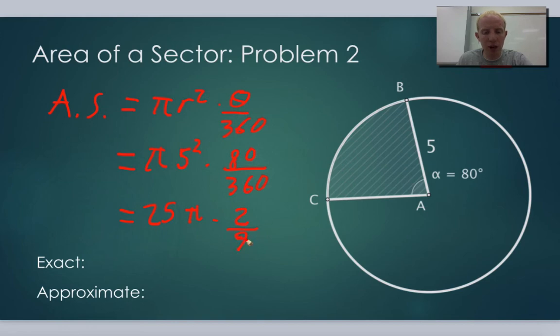Okay, that's a simple fraction we can work with. Okay, so you times by 2, that gives you 50. Divide by 9, that's just going to give you 50 ninths times pi. Okay, so that's our exact answer, 50 ninths pi. Okay, if we want an approximate answer, a much easier one to read, we just do 50 divided by 9 times pi in our calculator. That's going to give us 17.45.